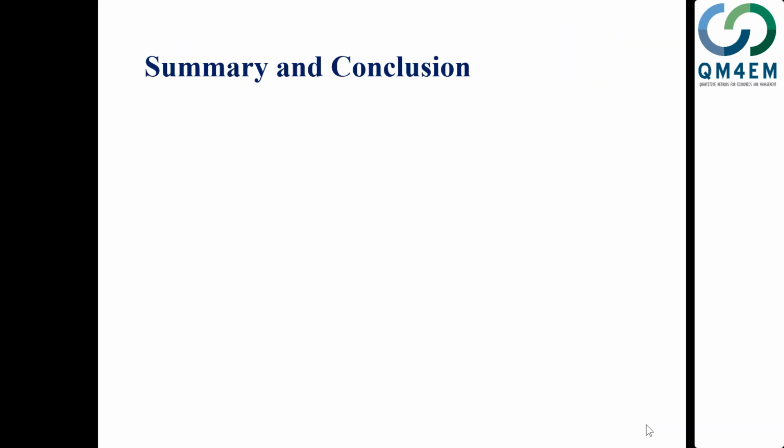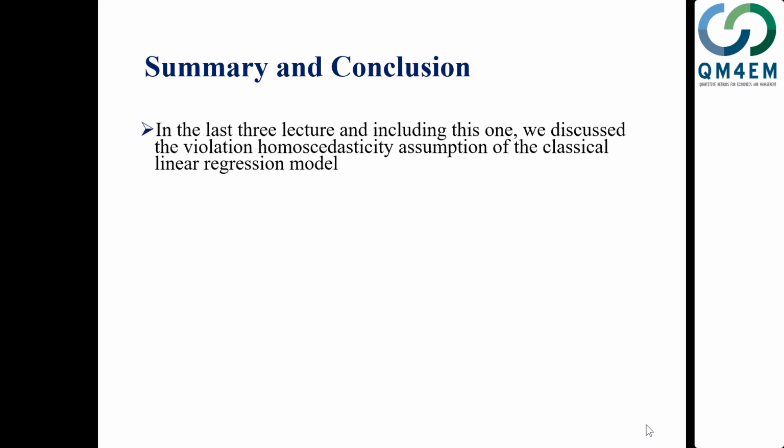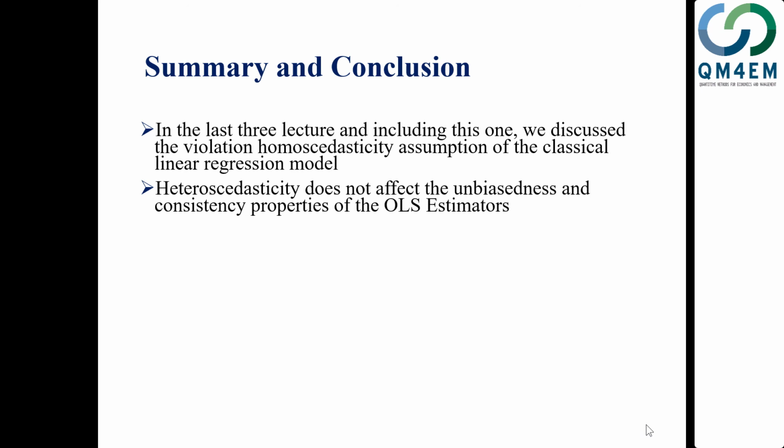Now to summarize the entire topic, the last three lectures and including this fourth lecture were on the discussion of violation of the homoscedasticity assumption of the classical linear regression model. We did discuss that heteroscedasticity does not affect the unbiasedness or consistency of the OLS estimators.